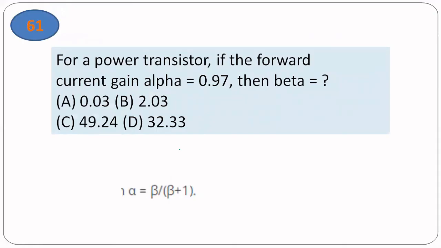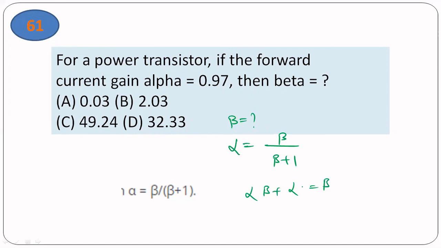About the power transistor, if the forward current gain is 0.97, then we have to calculate what beta is. We can use the formula given here that alpha is equal to beta divided by beta plus 1. Solving this, it becomes alpha beta plus alpha is equal to beta.